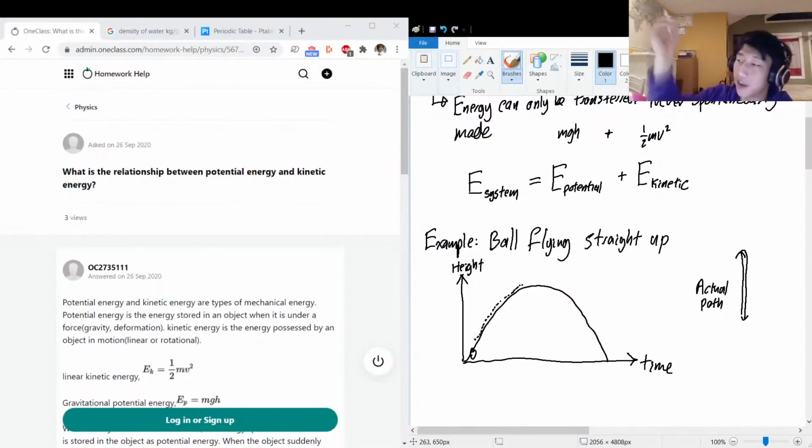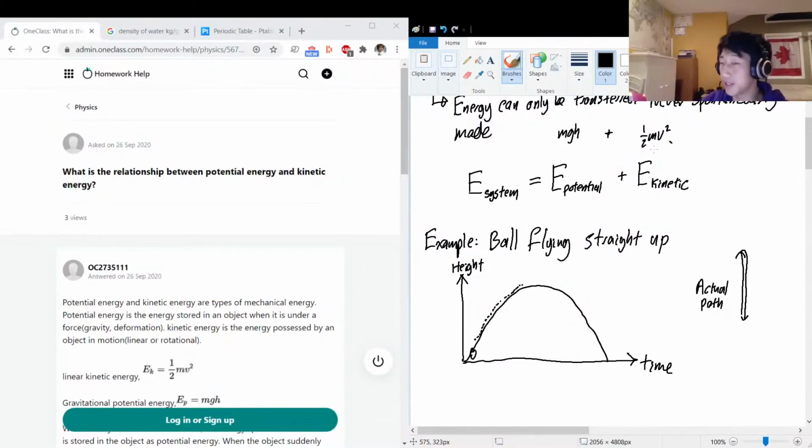It's accelerating downwards, but since its initial velocity is up, it's initially going fast up, but it slows down, and then it hits the apex of its throw, the maximum height. For just a brief moment, maybe a nanosecond, it's going to have a velocity of 0 just as it reaches the tippity top of its path, right before it makes a U-turn and starts coming down. At that point, it's at its maximum height, and v in the mv squared equation is 0.